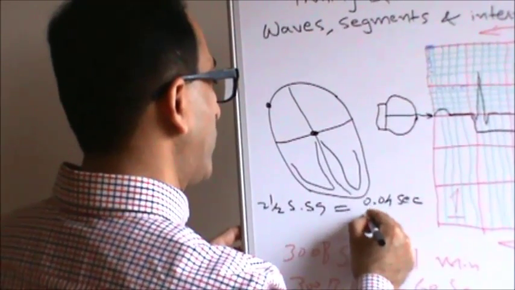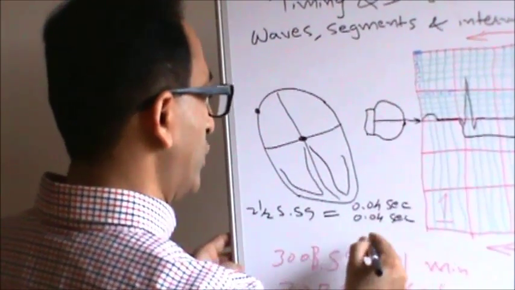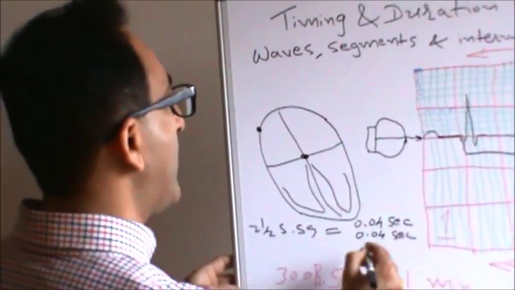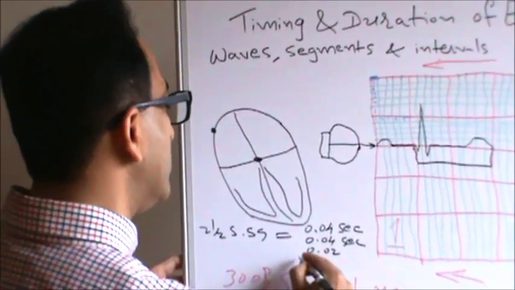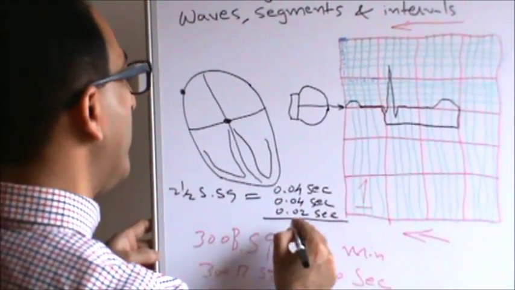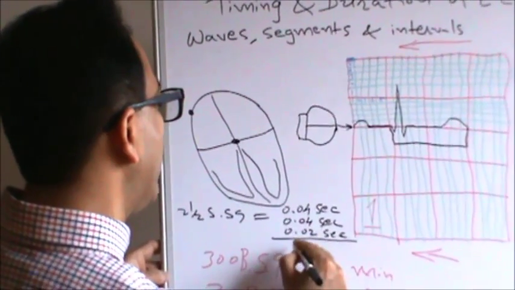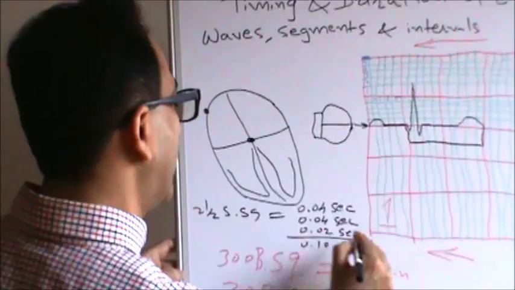So that is for one small square. Then this is for the other small square. And we are saying 2.5, so it would be half of this, 0.02. So basically, when we say 2.5 squares, we are saying altogether 0.1 second.